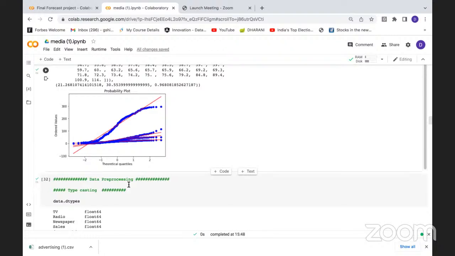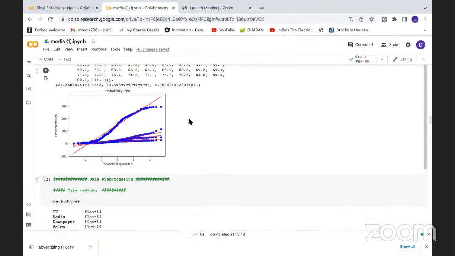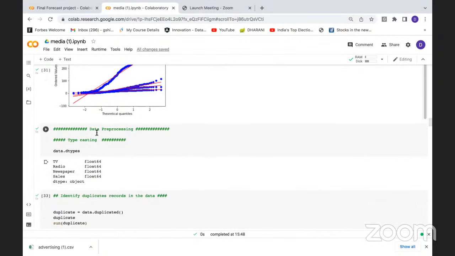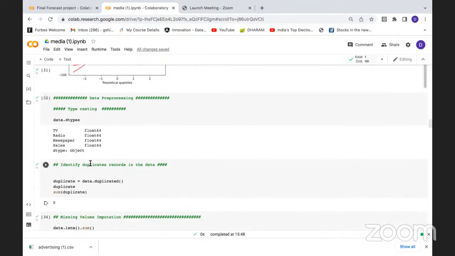We cannot say it is totally normal, but at least a few data points are falling on it, while the other three are not linear at all. So if you want to do any typecasting, you can, if it is required. Here it is continuous data, which is good for our linear regression.